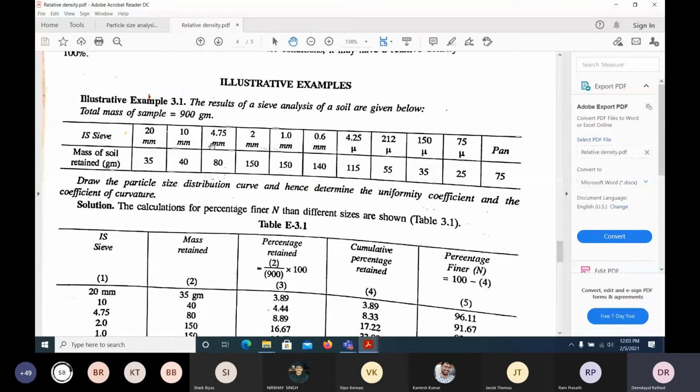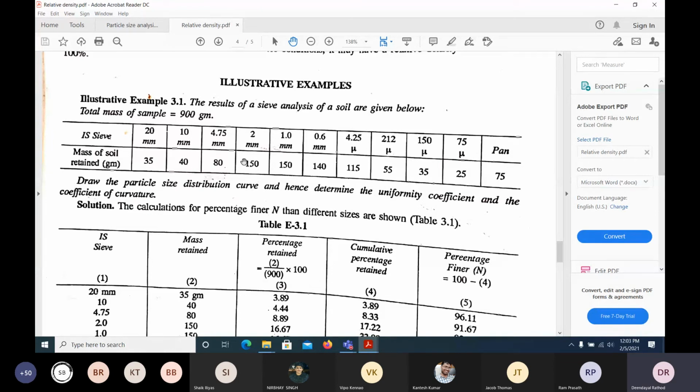If it is retained on the 75 micron, it is called coarse grain soil. In the coarse grain we have gravel and sand. These are all the silt and the clay after passing through, called the silt and the clay.